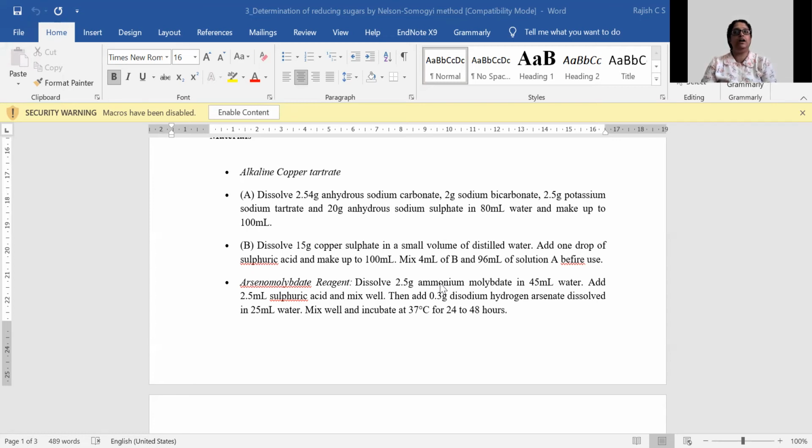So finally you are actually having about 27, 28 grams of chemicals in your water. Then the volume is definitely bound to increase.